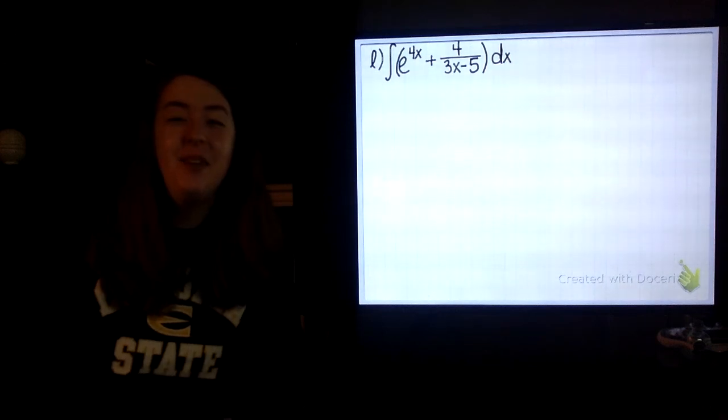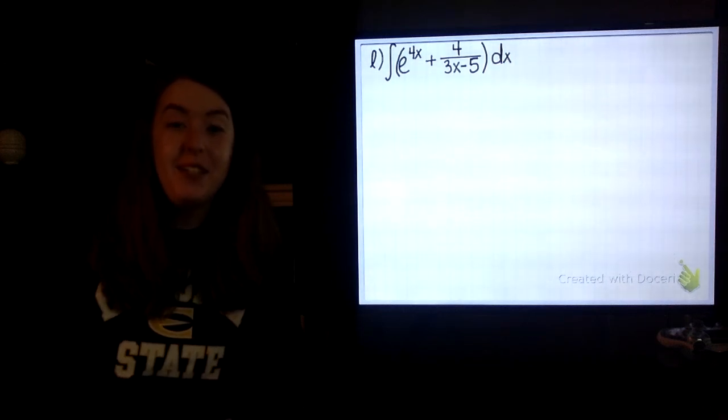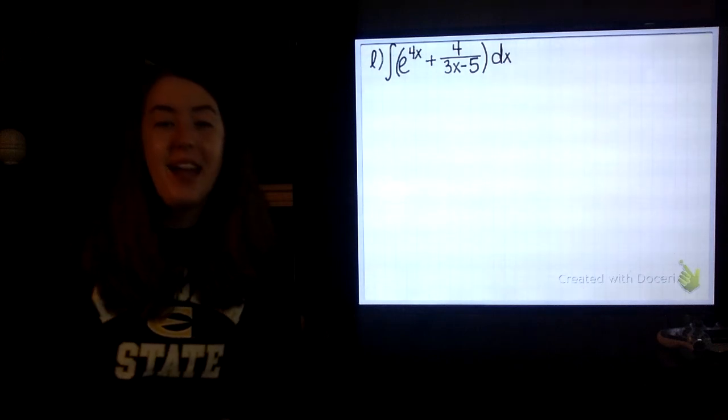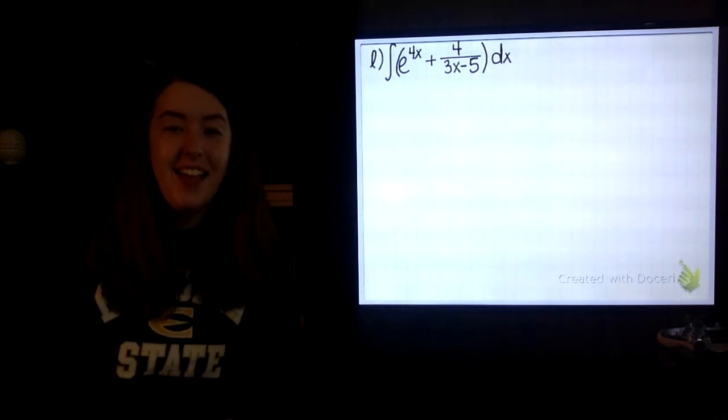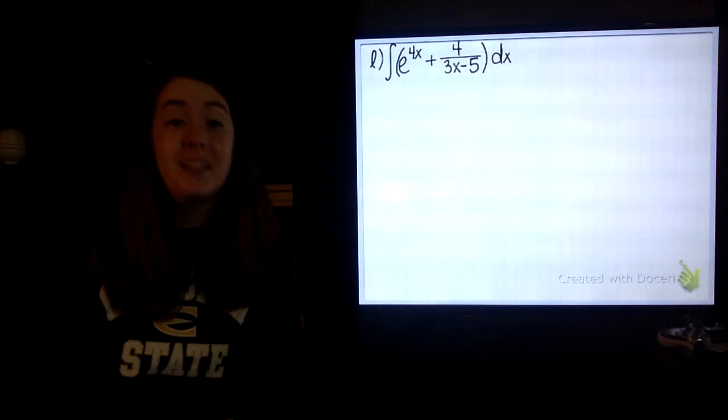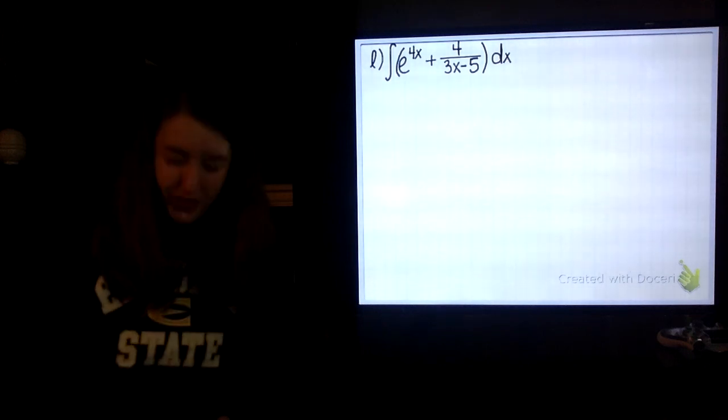So here we go. First thing we want to do is break these two things up. We have an e to the 4x and we have a 4 over 3x minus 5, so we're going to split that up into their own integrals.